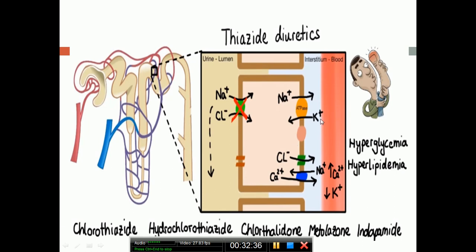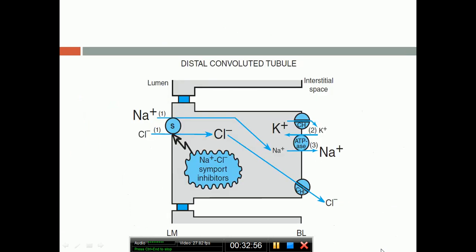Here, this chloride then goes through a channel back into the blood. This is calcium, we have already seen. Drugs: hydrochlorothiazide is the most important, then chlorothiazide, chlorthalidone, metolazone, then indapamide.